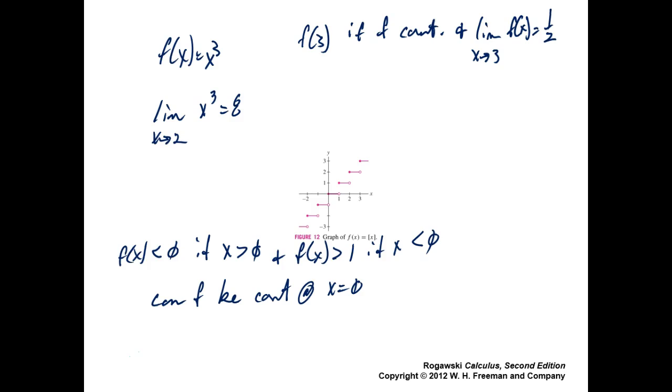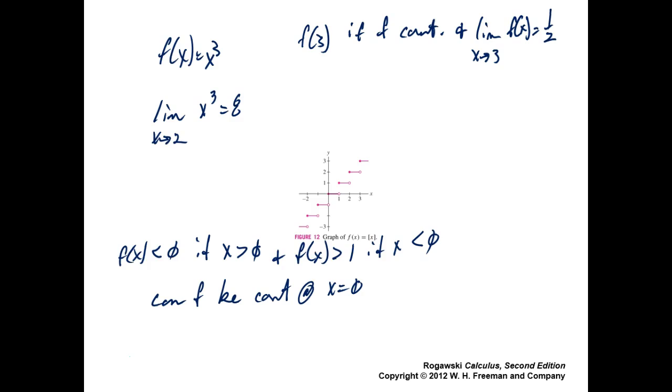No. You're absolutely right. If f is always less than 0 for every value of x greater than 0, that means it's always going to be down here. And if f of x is always greater than 1 at every value over here, there's no way it can be continuous at 0.